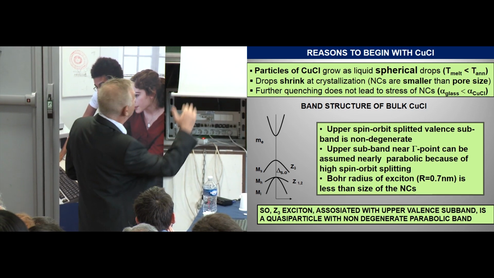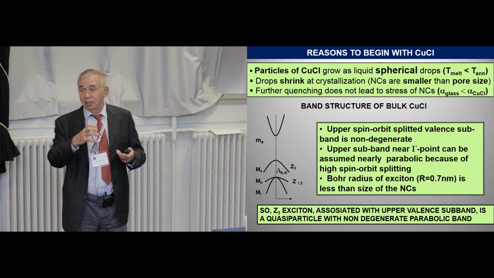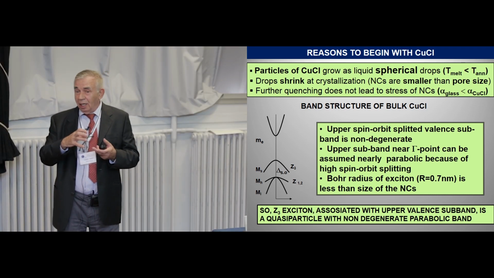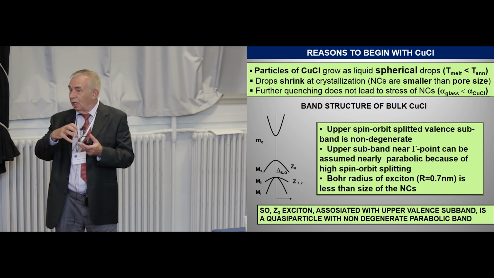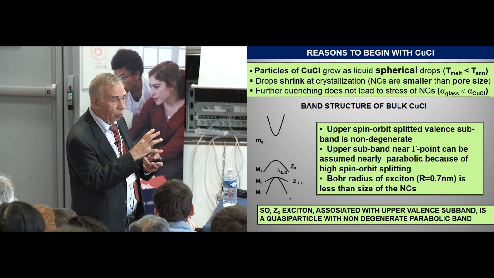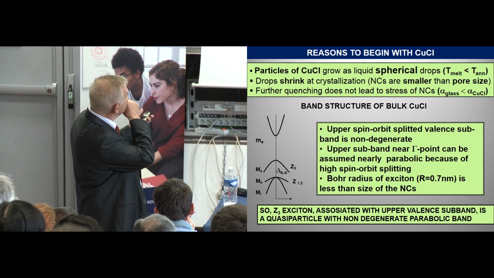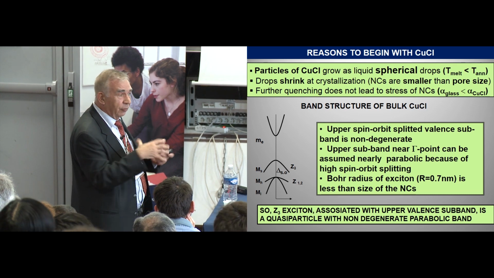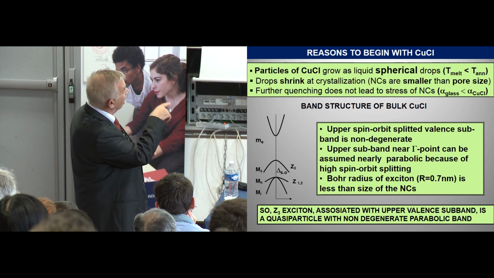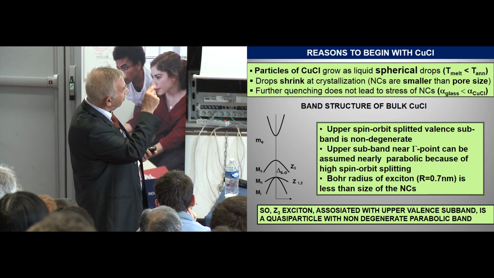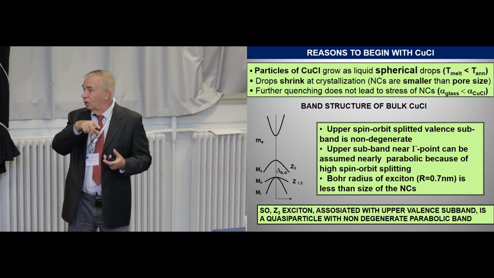Next, when you start the quenching, the drops shrink at crystallization. And at this moment, the size of the nanocrystals should be less than the size of the pore. And moreover, when we go down further with the temperature, the freedom of the particle in the pore increases, because the thermal expansion coefficient of copper chloride is higher than that of glass.